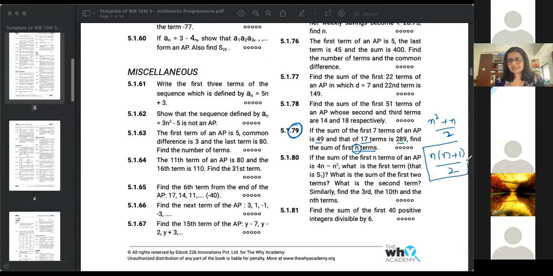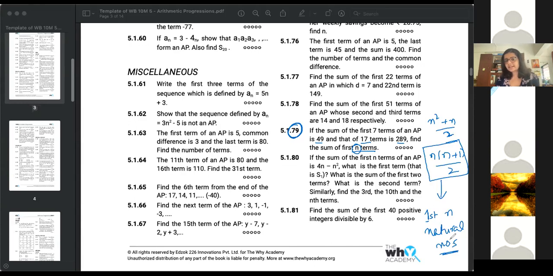This is specifically the sum of first n natural numbers, not for random APs. But now, we've given the sum of first 7 terms, so basically n is equal to 7. So can we use this formula? No, it says first 7 terms of an AP. We don't know that it's the sum of first 7 natural numbers.